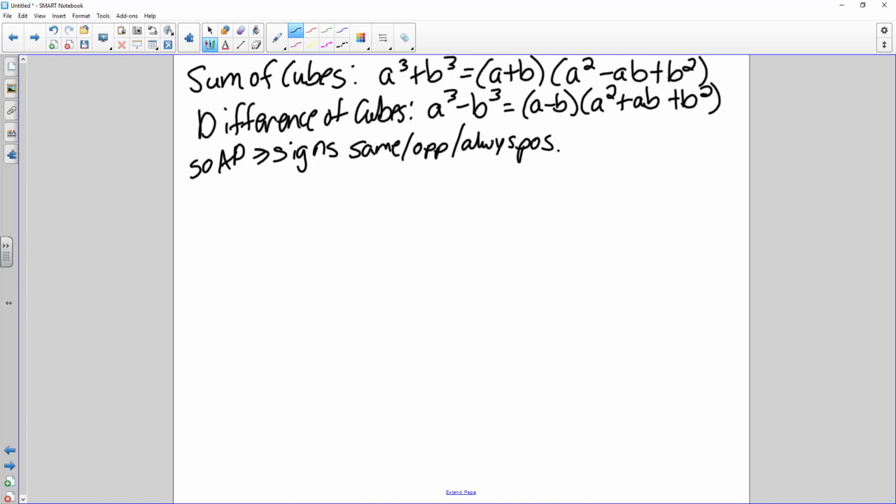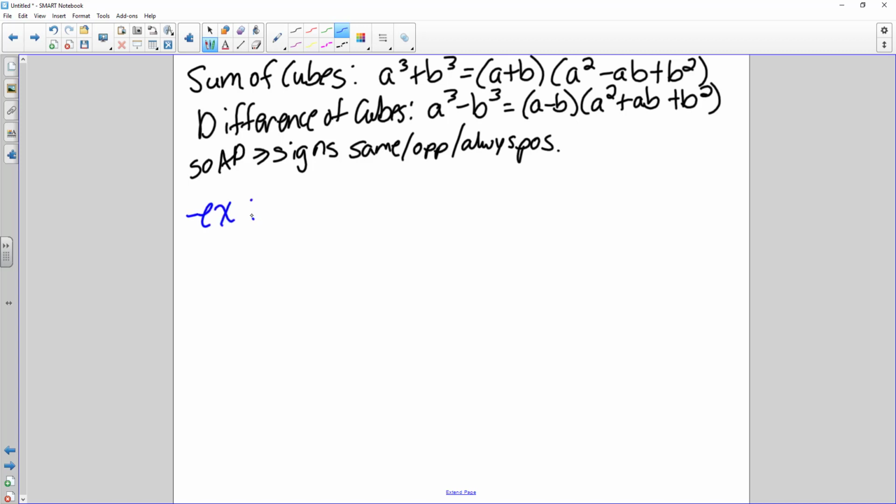So as long as you know the first factor is a binomial, a plus b or a minus b, with the same sign as whatever it is, a sum or difference of cubes. And then the next part is a trinomial, a squared, ab, and b squared. The signs that fit in are the opposite sign, and then always positive. So it's just a way to keep track of what the signs should be.